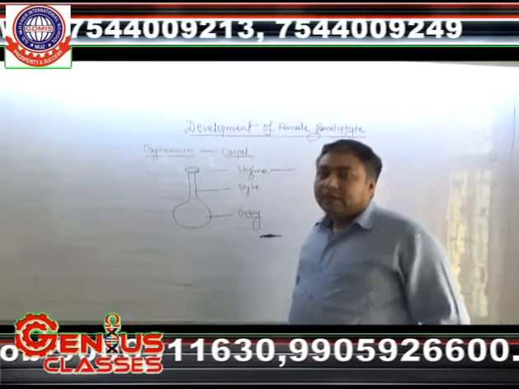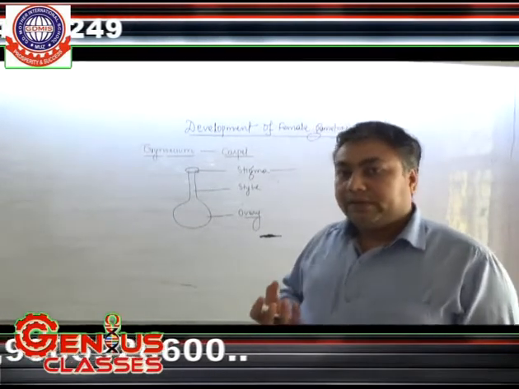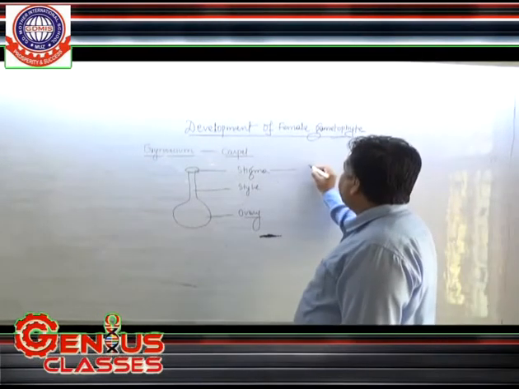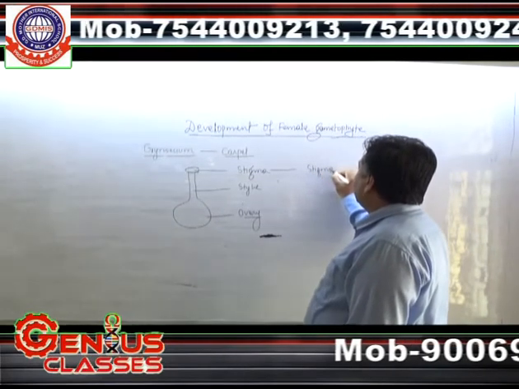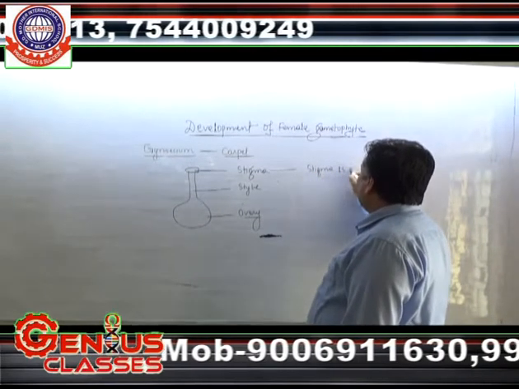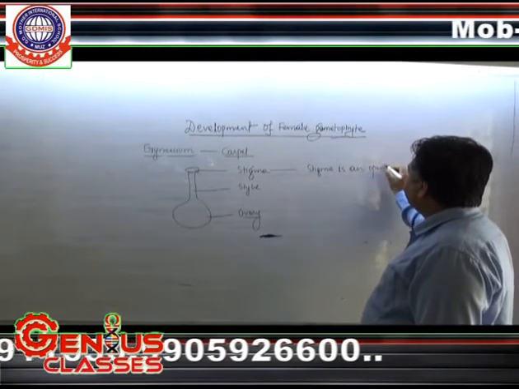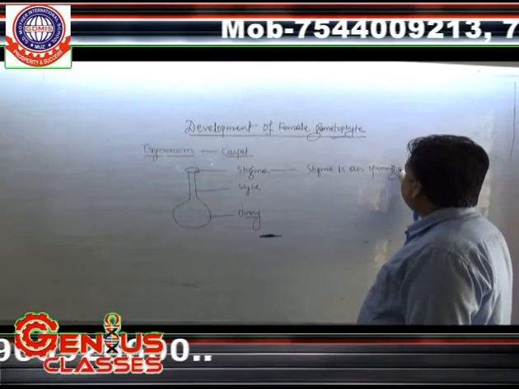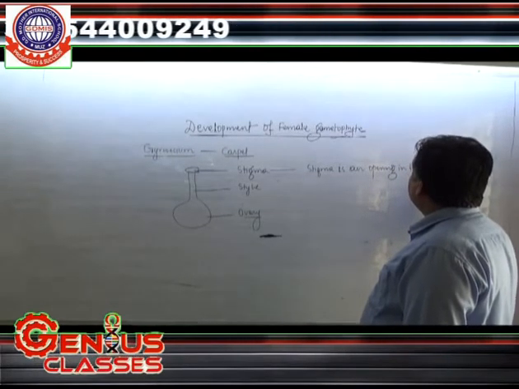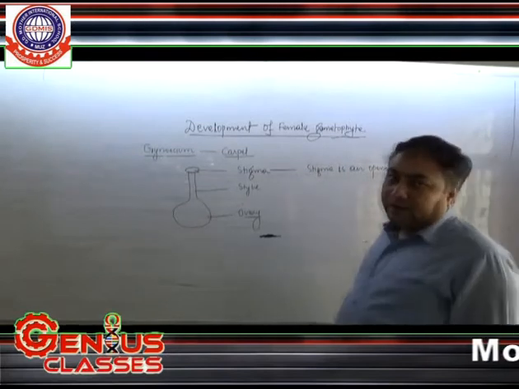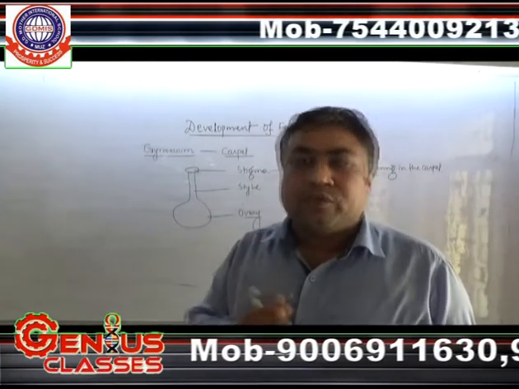A stigma is an opening in the carpel, and the landing site of pollen grains, the male gametophytes.